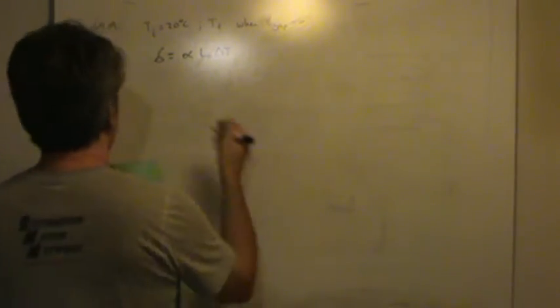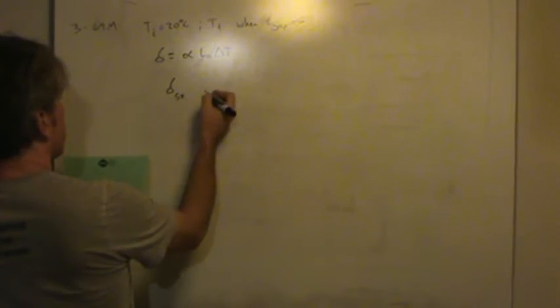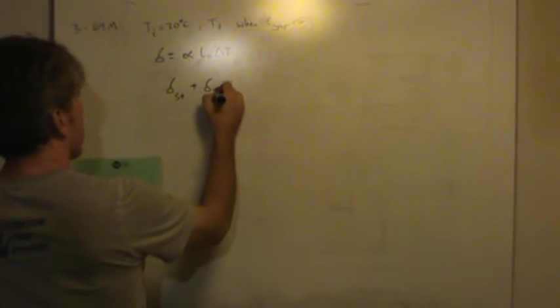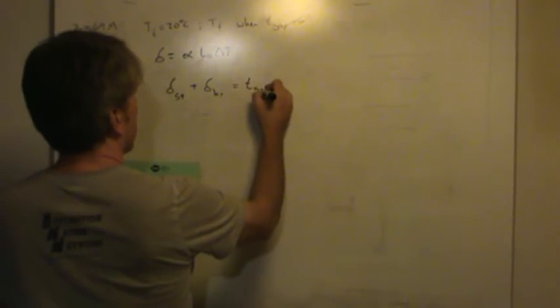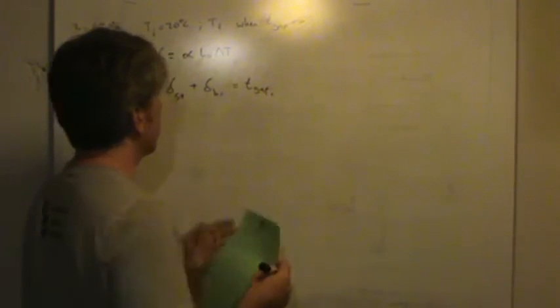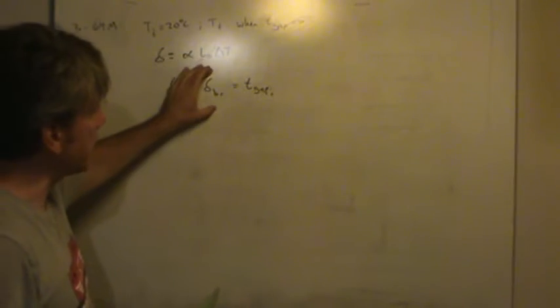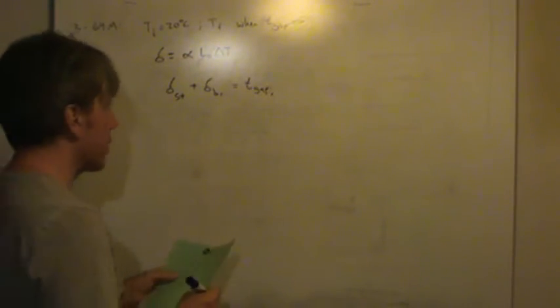So the deformation of the stainless steel, plus the expansion of the brass, should be equal to the initial gap. Just to use symbols here, the steel is going to expand, the brass is going to expand, they're going to fill up that 1/2 millimeter hole basically.